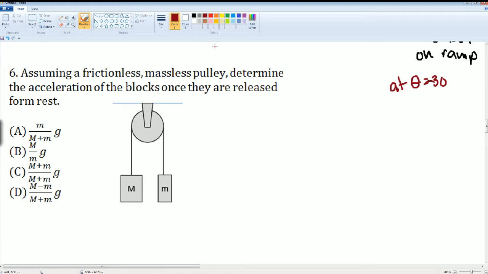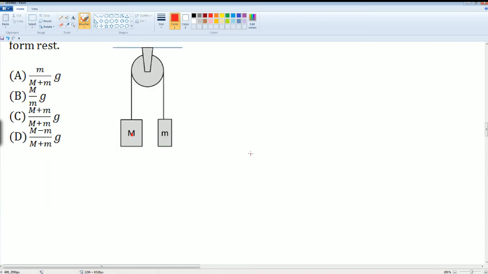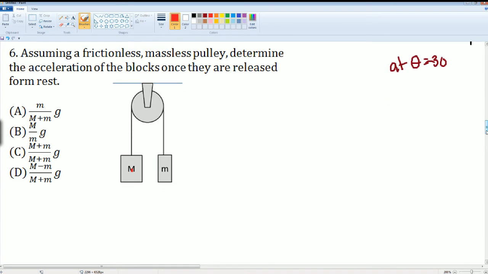Here you have force of gravity. Force of gravity here is equal to big M times g.